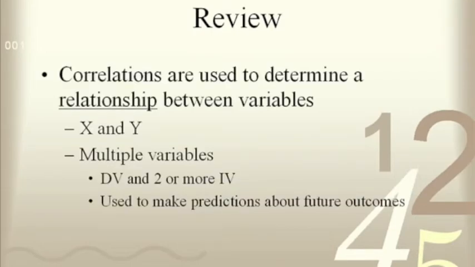So let's review what we've talked about. Correlations are used to determine a relationship between two variables. Again, a relationship is not cause and effect. There's some kind of interaction between X and Y, and then X has some kind of influence on what Y does.